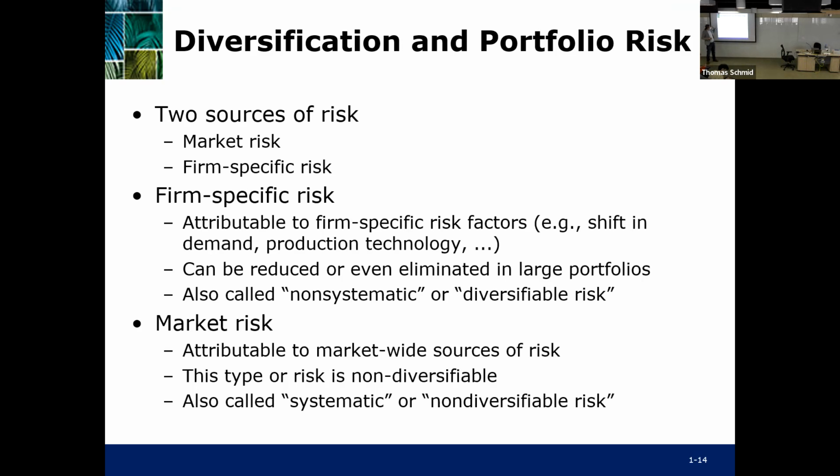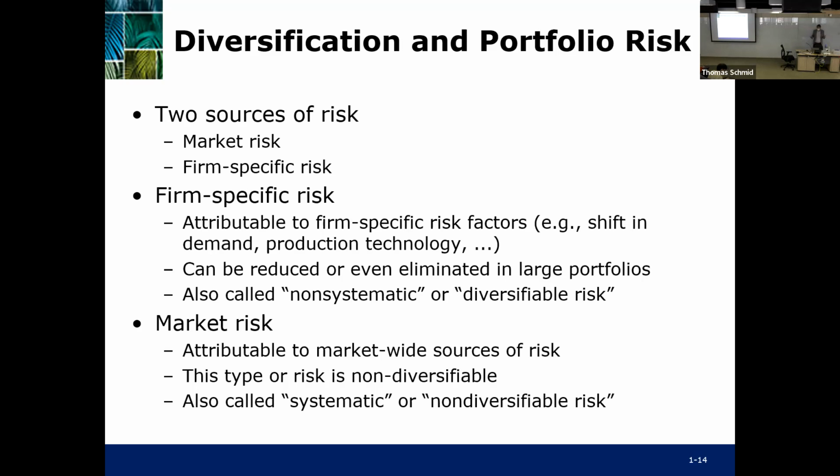Well, the core economic reason is that there are two types of risks in the market. There is market-specific risk or market risk, and there is firm-specific risk. And the difference is very simple. Firm-specific risk only affects a single firm or a group of firms, but not the whole market.